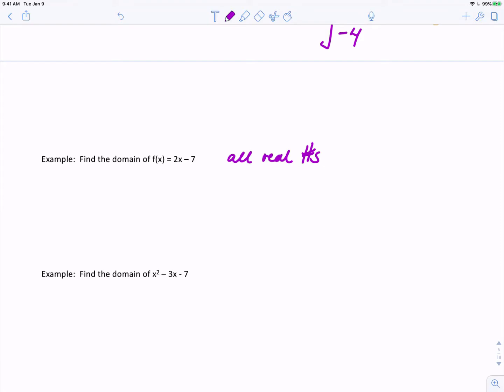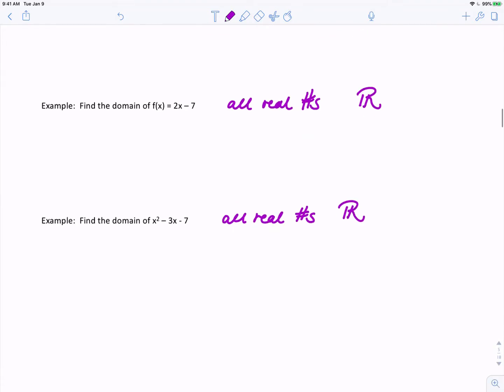No. Is it an even root function? No. So the domain is all real numbers. Now there is a symbol for all real numbers, which you might see in your textbook. You can just write out all real numbers, but if you want it to be fancy, this symbol here that looks like a fancy R is sometimes used for all real numbers.